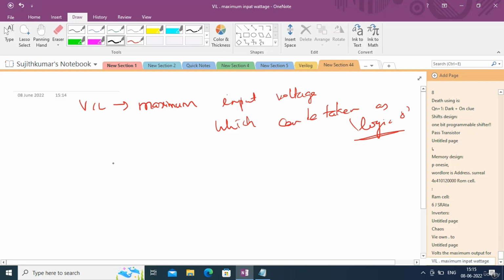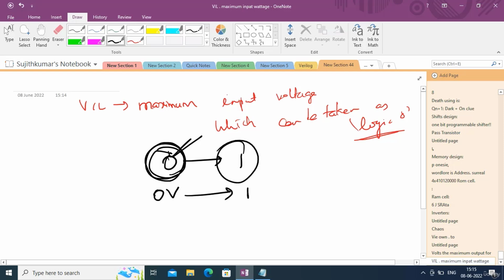So what do I mean by this? For example, the inverter logic is, when you apply 0 you are going to get 1, but what is the maximum voltage which can be taken as 0, for which you are getting 1? If I apply 0 volt, I'll be getting logic 1. If I apply 0.5 volt, I'll get logic 1, because this will be considered as logic 0.